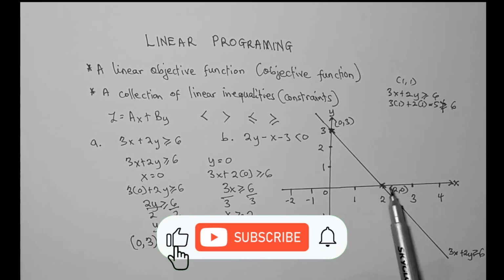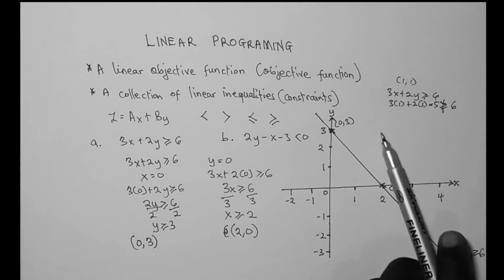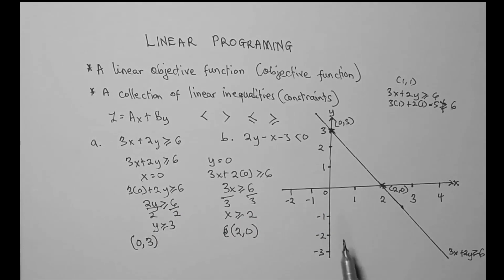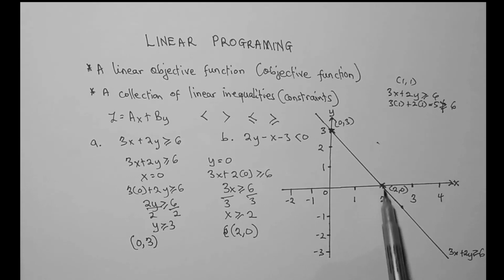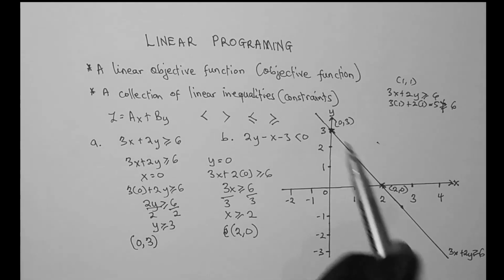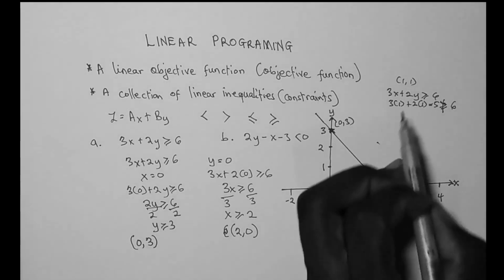So if that is not the feasible region, then there is only one region left, which is all the points above the line. But let's still prove that that is correct. When you look here, you can find that the point (2, 2) is above the line. So let's put (2, 2) into this equation.